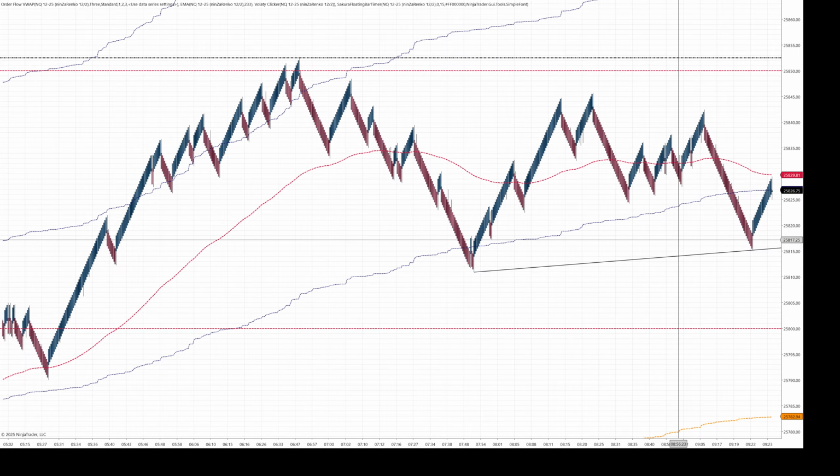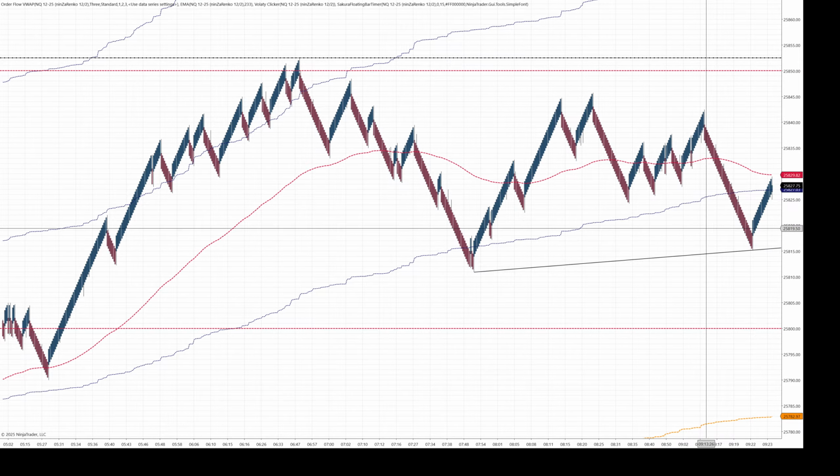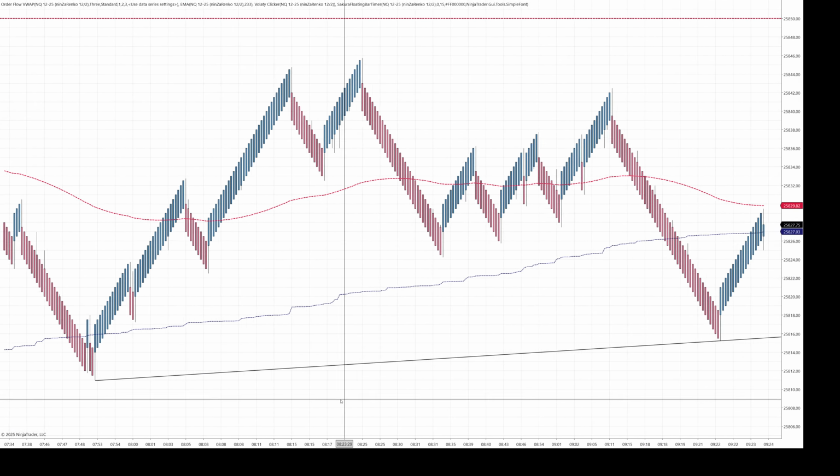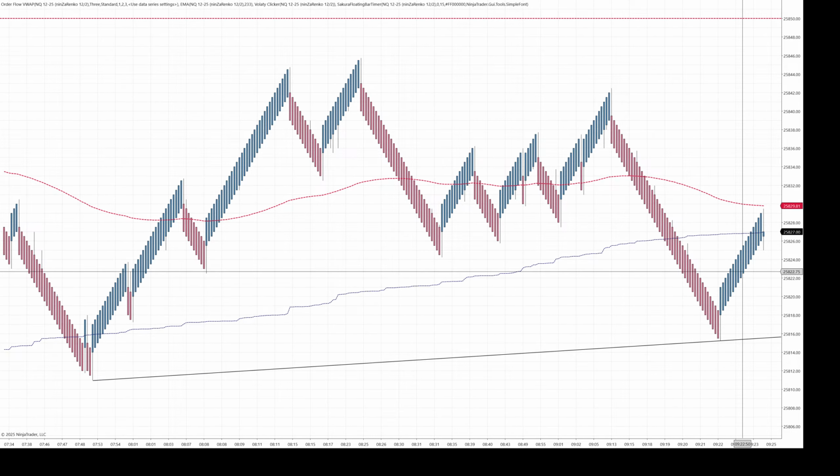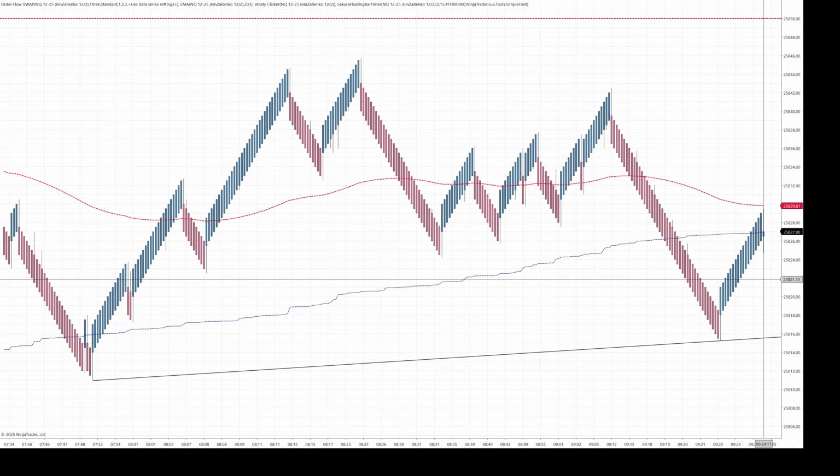So this type of chart that you guys are looking at is called a Renko chart. A Renko chart is a type of chart that focuses purely on price movement and not necessarily time. Each one of these blocks, they're called bricks, and each brick is a fixed price move.